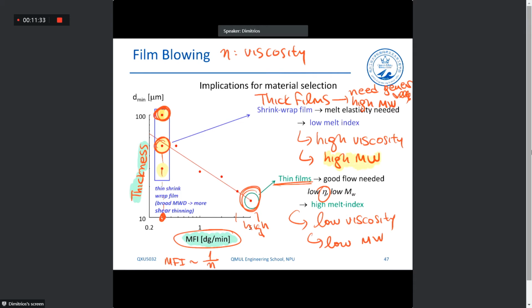Now if we want a material that has a thin film, its thickness is small, so we need a good flow of our material. So we need a high melt flow index that leads to low viscosity and low molecular weight.